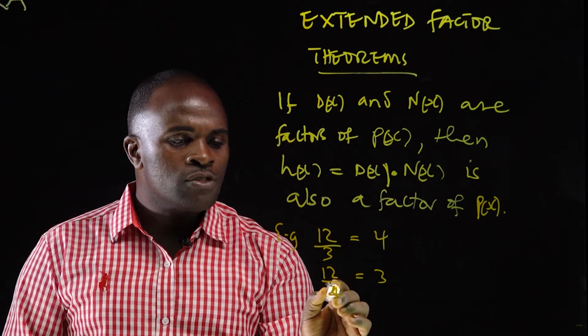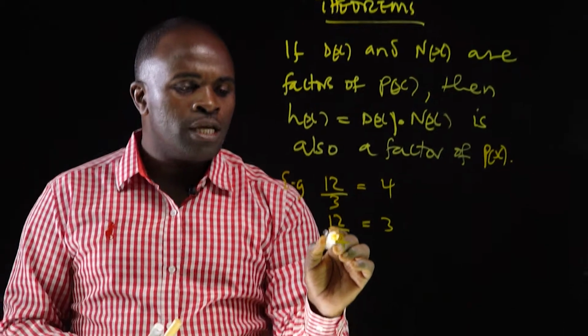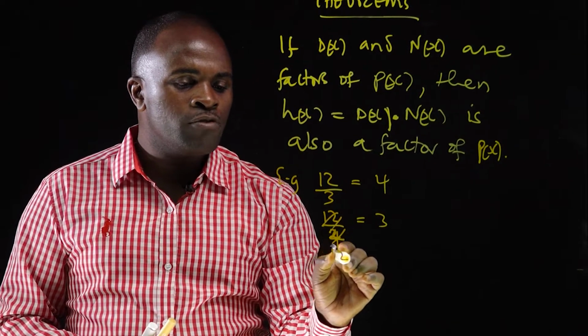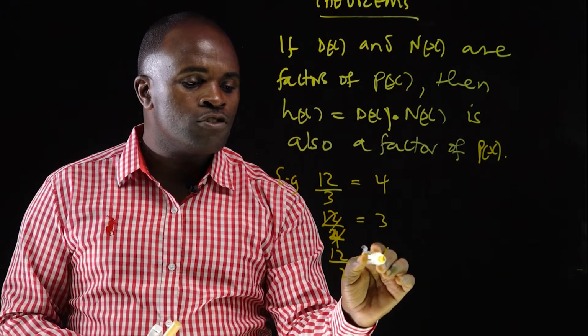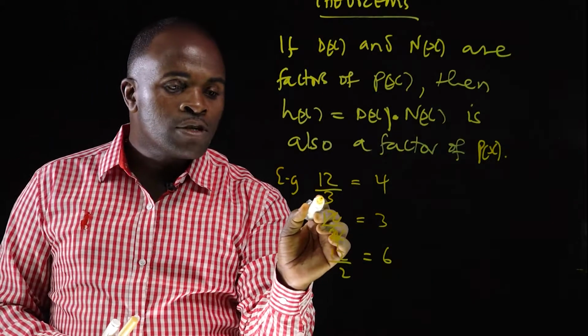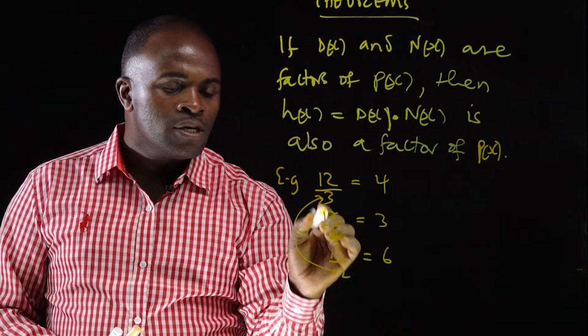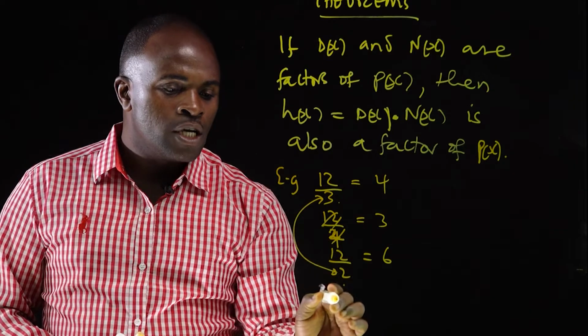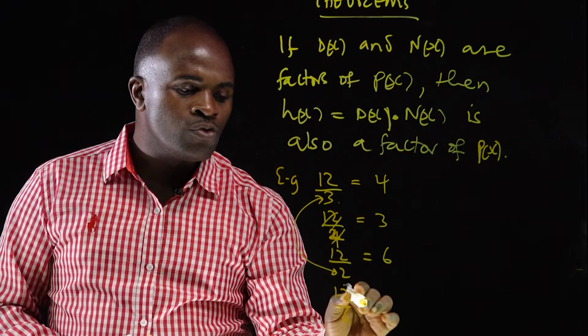Now take 12 divided by 2, you are getting 6. Now take the result of 3 and this 2, 3 times 2 is 6. So if you take 12 divided by 6, you get also a whole number.